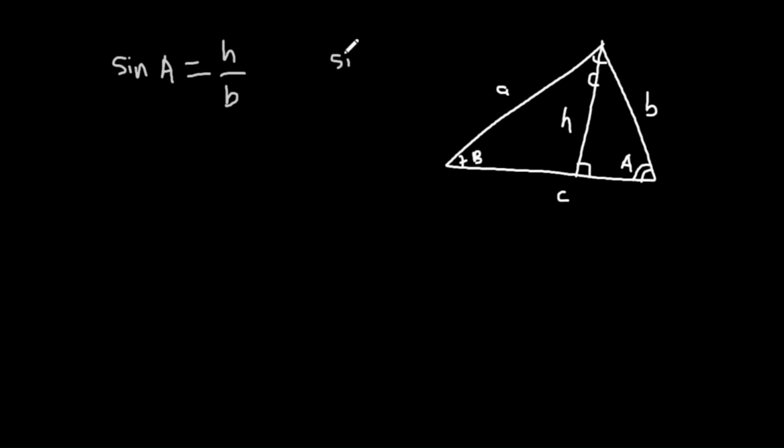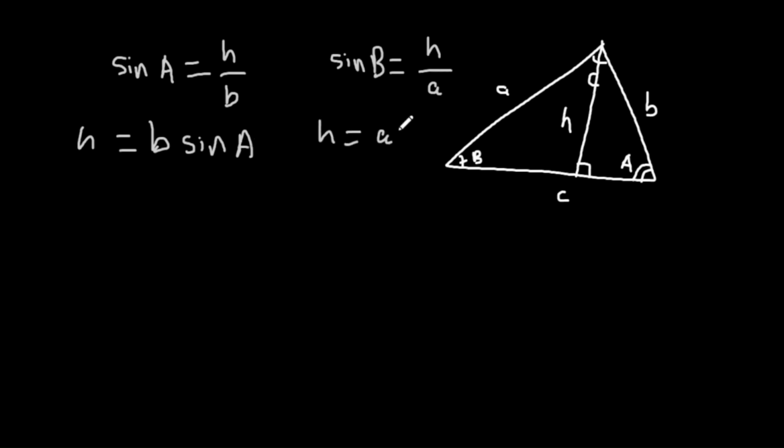We also have sine B is equal to h over a in this right triangle. You can rearrange these two to write h equals b sine A, and here h equals a sine B.